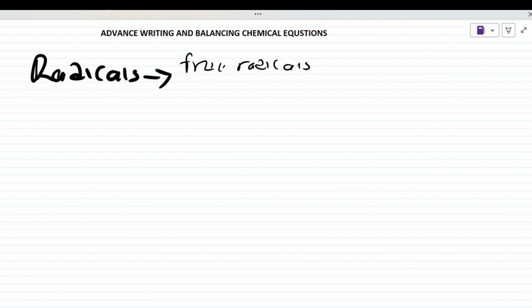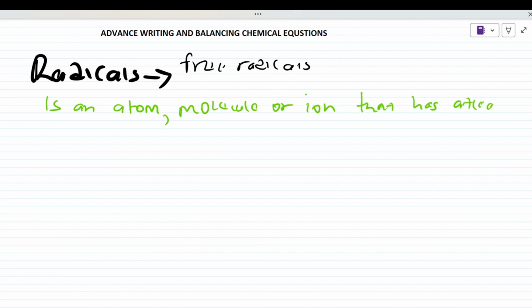So what are they? Now, a radical is an atom, or a molecule, or an ion that has at least one or more unpaired valence electrons.